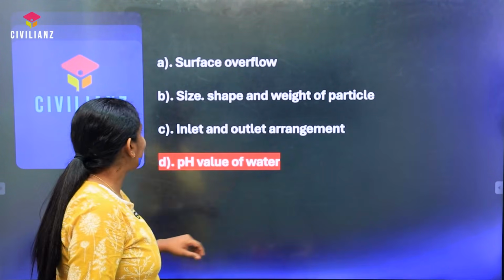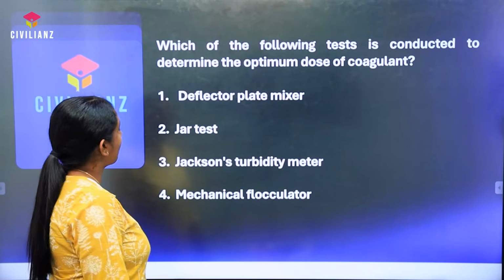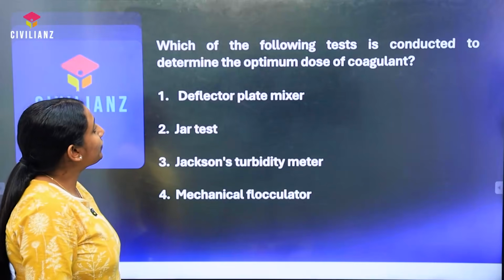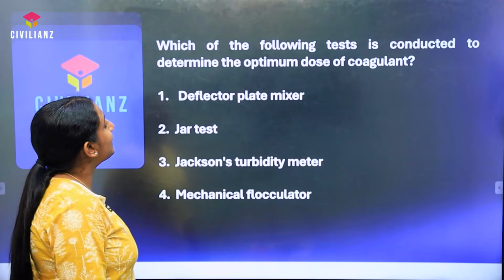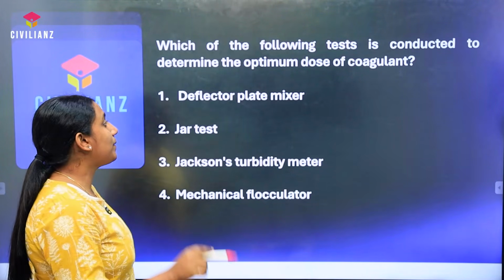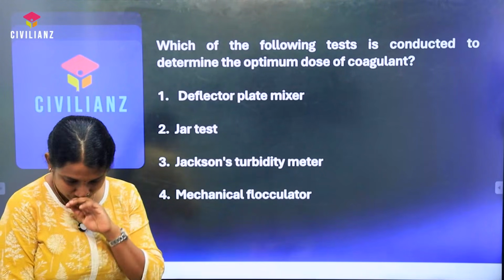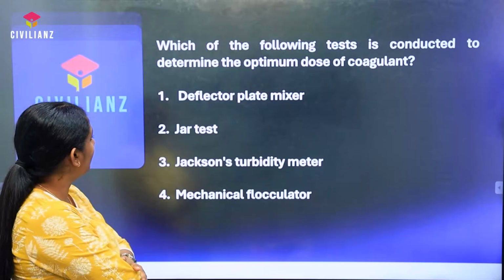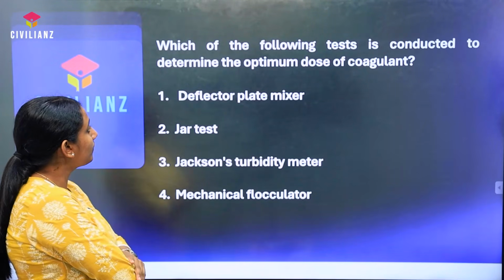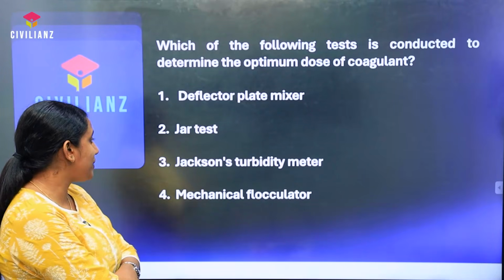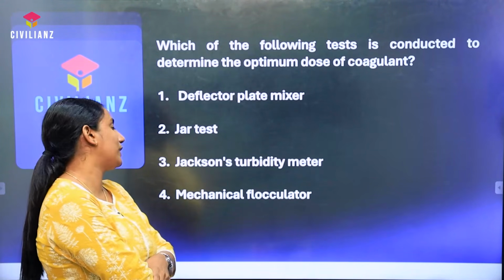So next question. Which of the following tests is conducted to determine optimum dosage of coagulant? Which test? Deflector plate mixers, jar test, Jackson turbidity meter, mechanical flocculator.